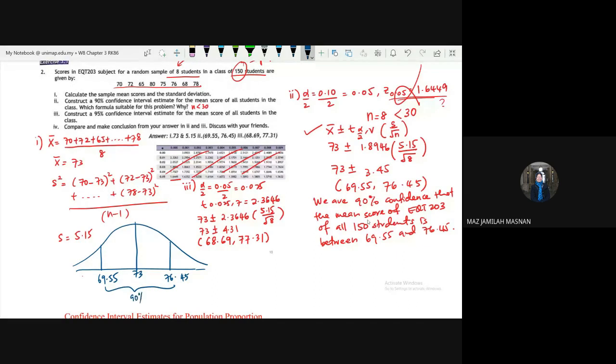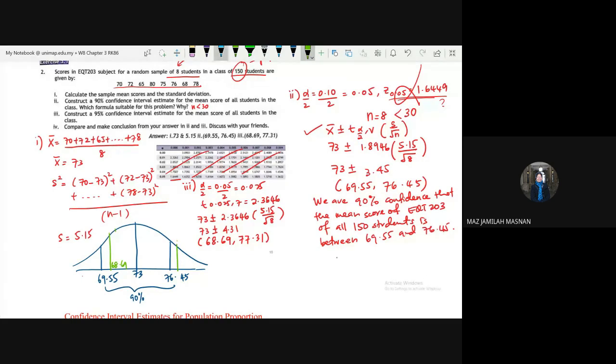For 95%, you will have 68.69 until 77.31.